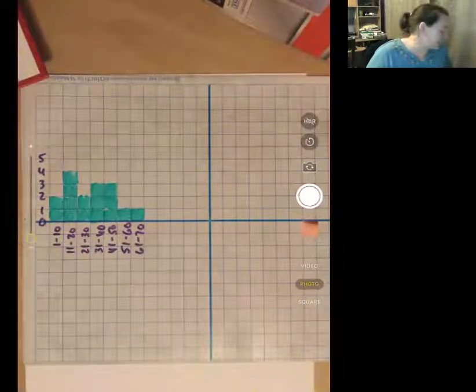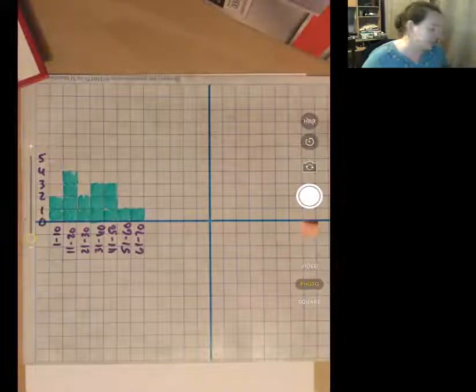Then number 7, how can you represent and summarize data in a dot plot?